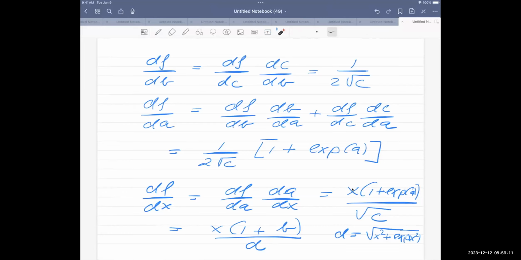I add the exponential of a, so that's another floating point operation. I have the plus operation here, so that gives me 3 floating point operations, and then I have a square root. So calculating d is the same as 4 floating point operations.